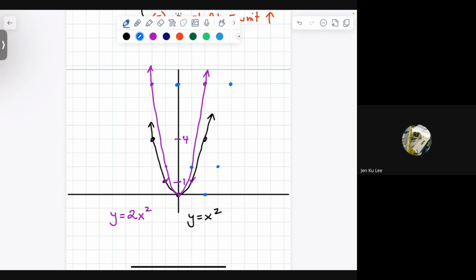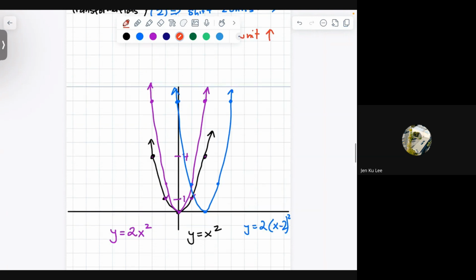Okay. And we'll take every point, move it over to the right 2 and up 5. If I take it to the right 2 first, 1, 2, my vertex is here. My blue parabola right here becomes y equals 2 times x minus 2 squared, right? And then if I move all the points up 5, 1, 2, 3, 4, 5, my vertex is there.